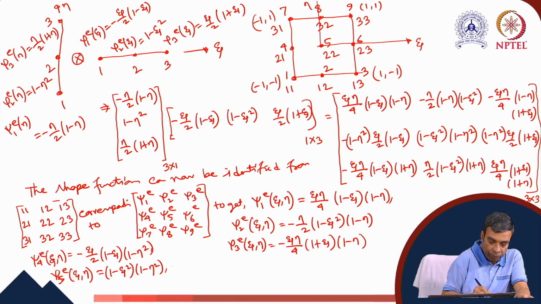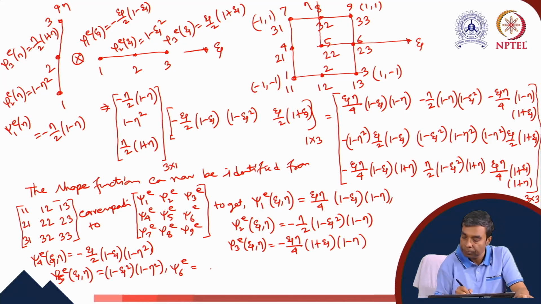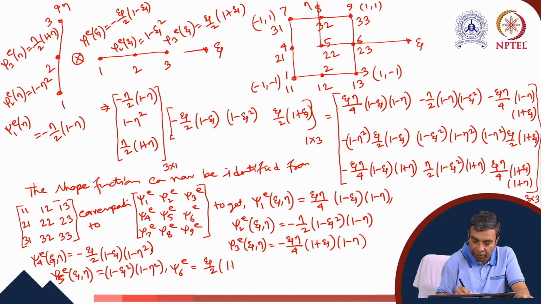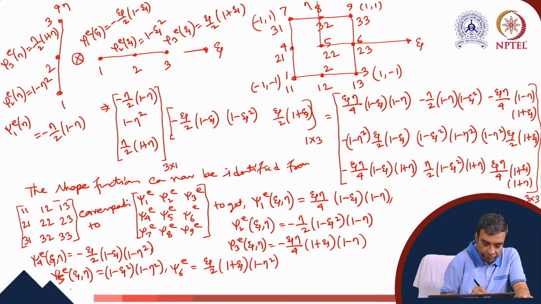This is psi 5e. So then we have psi 6e equals xi by 2 into 1 plus xi into 1 minus eta square. Psi 7e xi eta, this is the function of xi eta, equals minus xi eta by 4 into 1 minus xi into 1 plus eta.